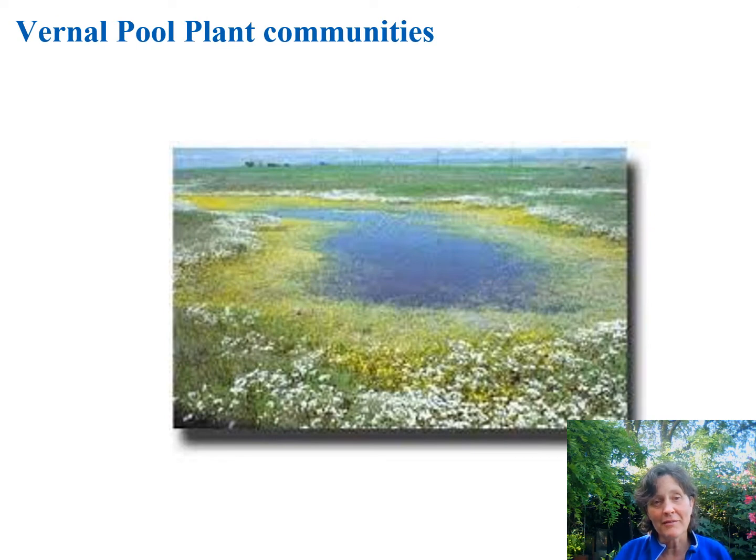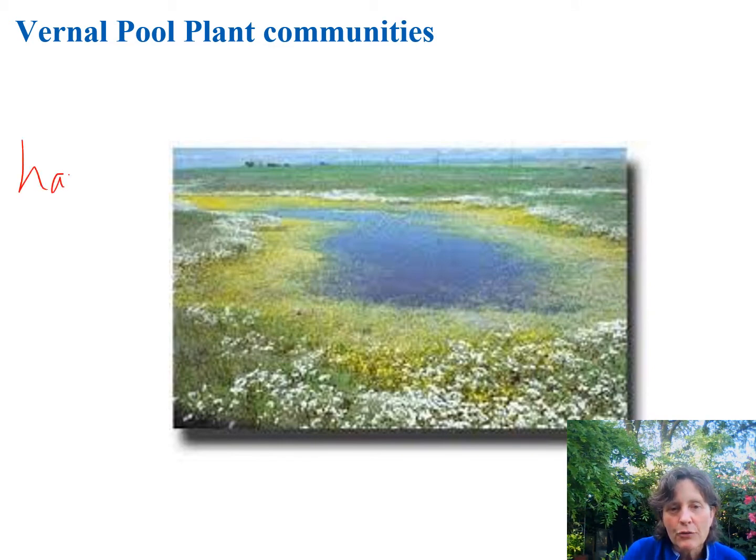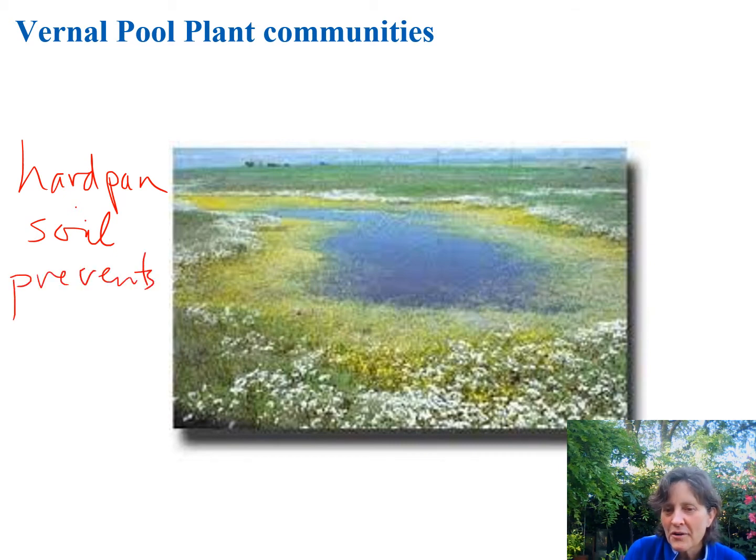We also have, very locally to us, vernal pool plant communities that are in bloom as we speak right now. This is late April, and these pools exist because of a hard pan soil. Hard pan soil prevents, what is that word when water seeps down into the soil?